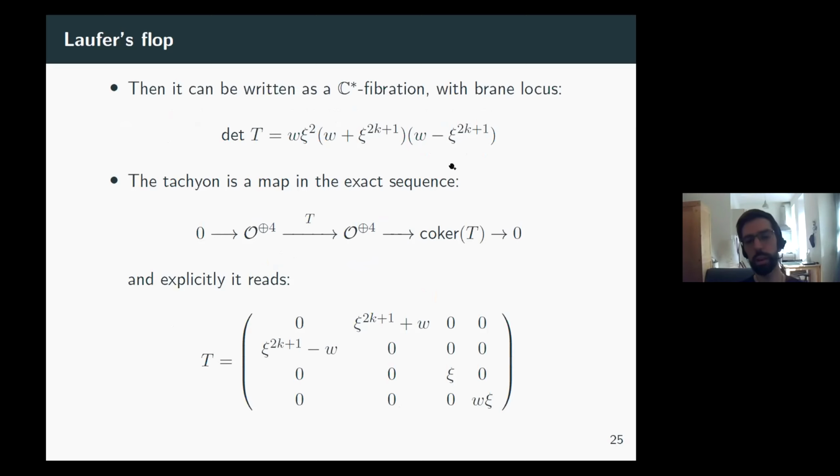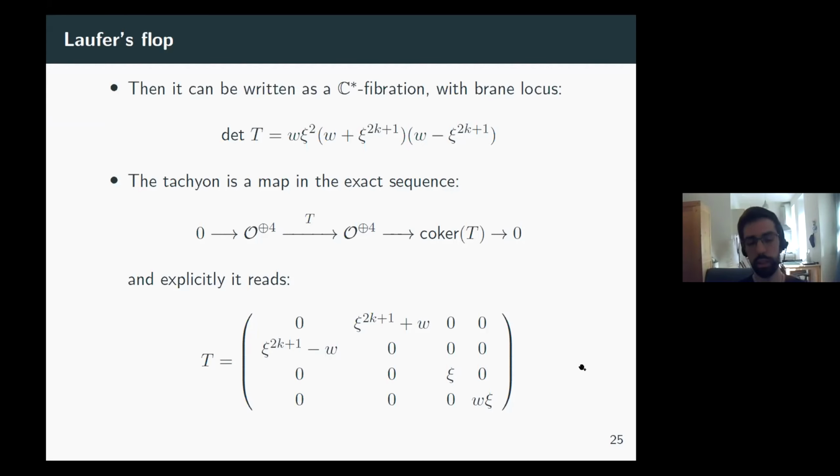Physically, what we are describing is a brane, for example this one given in the parentheses, and its image brane, this other one, because we see that the sign of the xi entry changes due to the orientifold projection, plus some other branes represented by this vector. The tachyon that reproduces this determinant is a map in the exact sequence that you see here, where again we have the structure sheaf, and explicitly it reads as you can see here at the bottom.